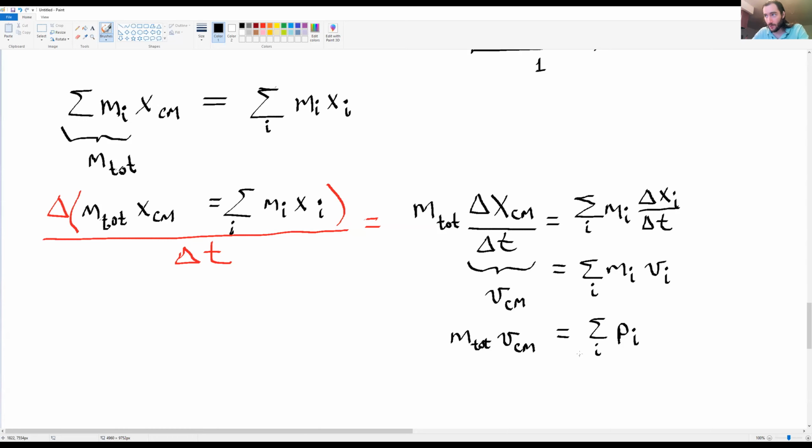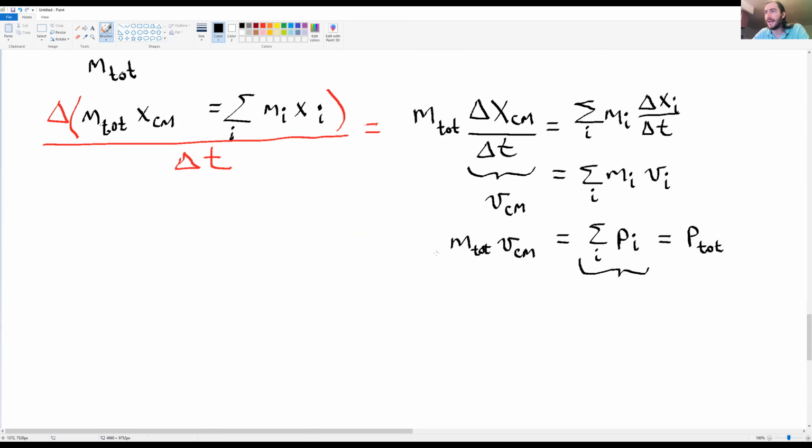And of course, on the right-hand side of this expression, this is nothing but the total momentum of that system. So the total momentum of the system, instead of summing up trillions of different velocity vectors times their respective masses, I can calculate the total momentum of the object as simply the total mass of the object.